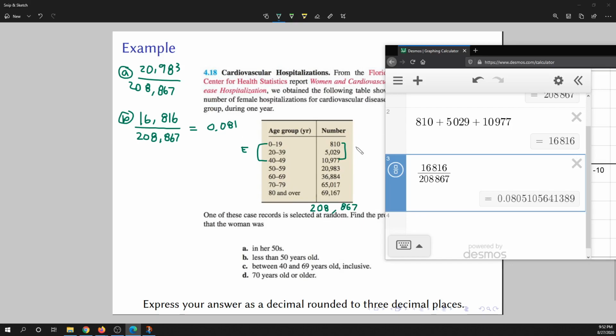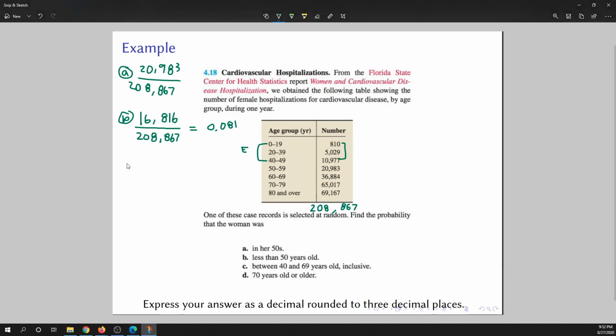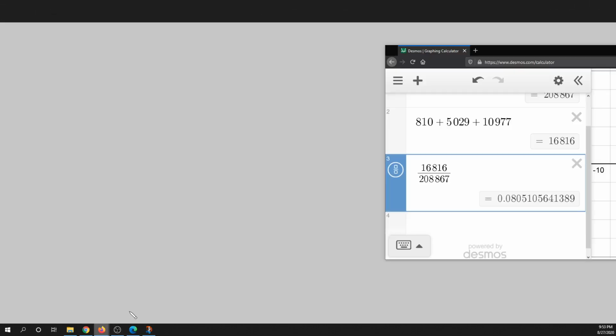All right, so next one is part C. In part C, they want to know what is the probability that a woman is between 40 and 69 inclusive. By that, they mean including 40-year-olds and 69-year-olds, right? And so that would be the women in this category right here. All right, so again, we would add up the numbers in these numbers right here. And that would give us the number of women that are in our event, right?